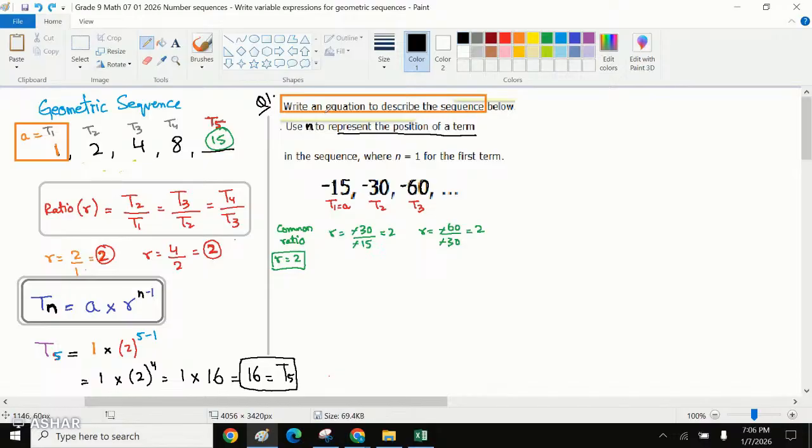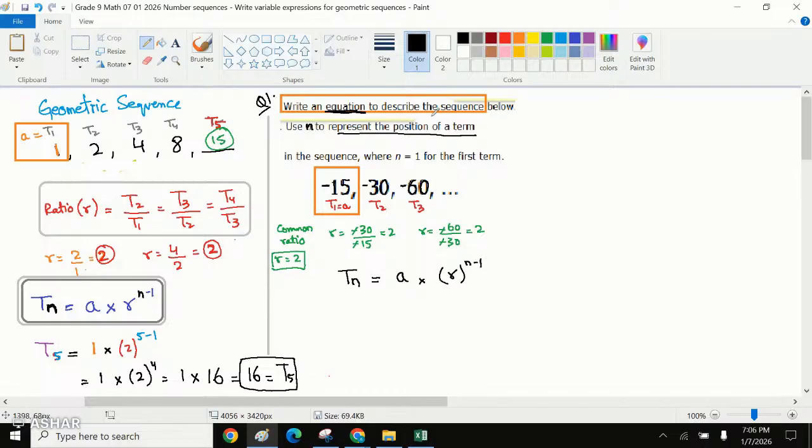We need to find an equation. We know that the first term will always represent the value of A, and we have the formula for Tn. Tn represents A multiplied by the ratio to the exponent n minus 1.